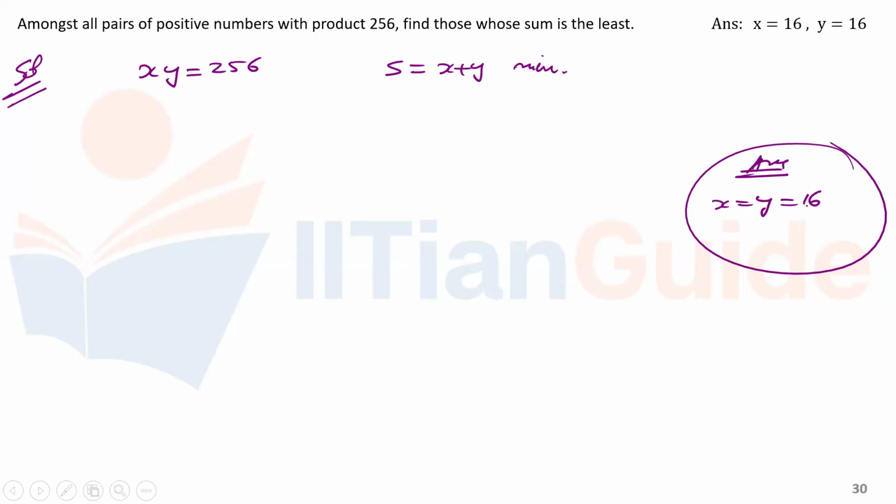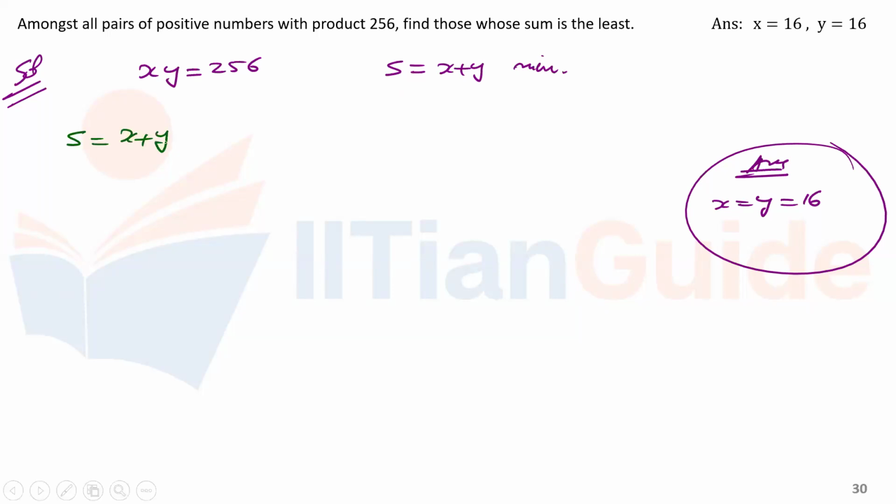But anyway, forget about this. Don't do this on the board. We need to do maxima or minima of the sum which I have taken as S, that is x plus y.